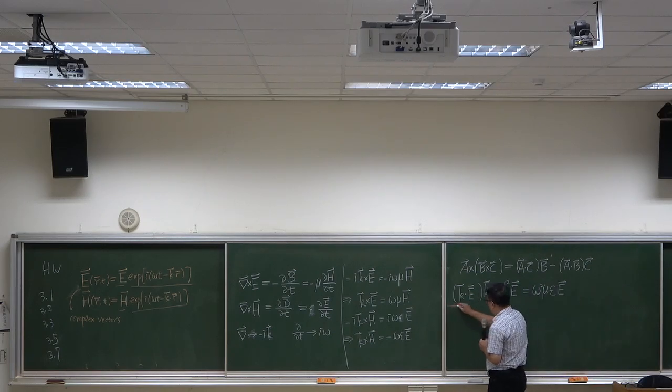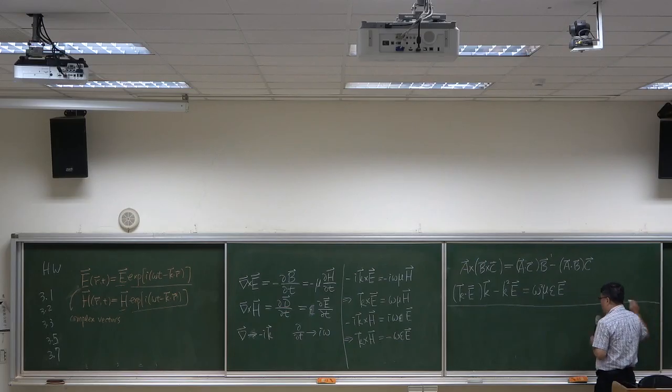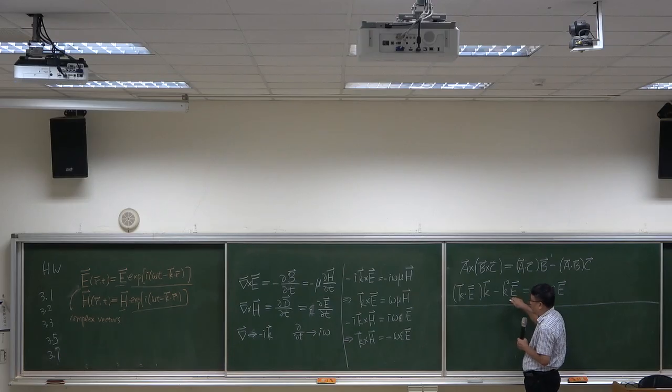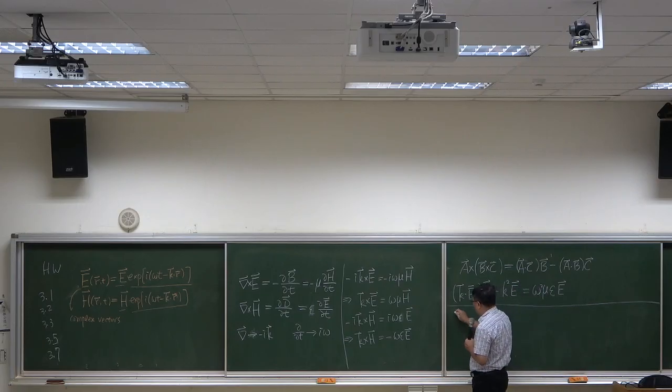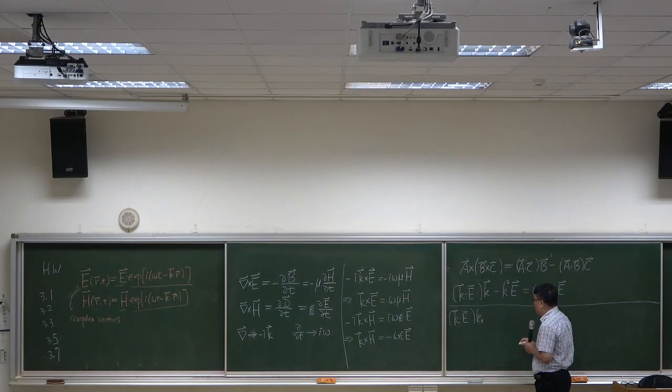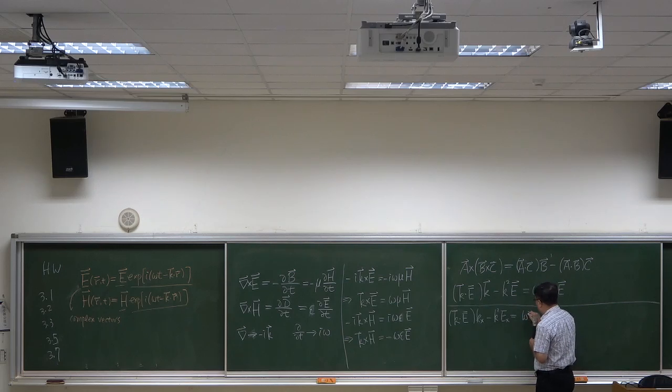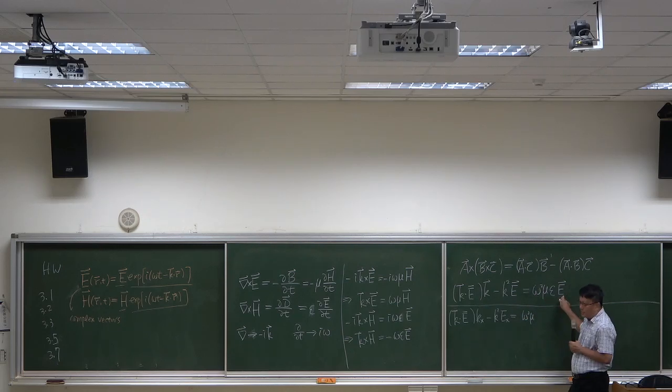So if we write the component one by one, say if we try to write down the x component of this equation, we have K dot E times Kx minus K squared times Ex equal to omega squared mu times epsilon times E, which is nothing but D, Dx.